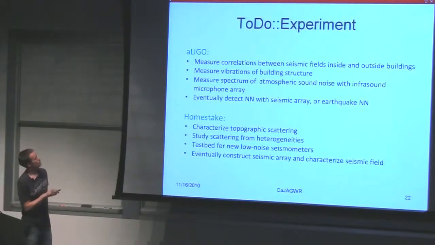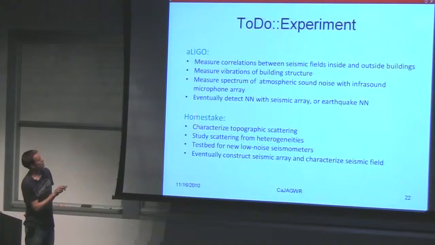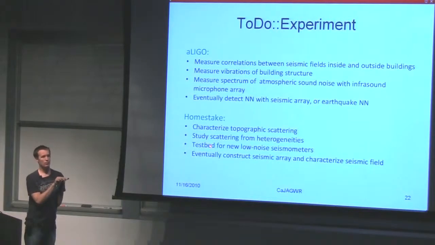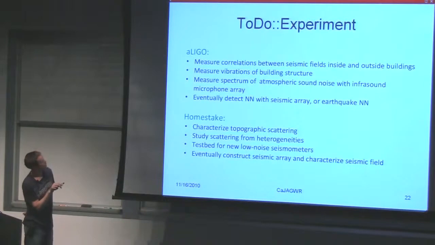And in terms of experiment, there's a list. I think we should really make use of the fact that advanced LIGO will be able to detect Newtonian noise. I don't necessarily say that Newtonian noise will limit advanced LIGO sensitivity, at least not in the first version, but it will definitely be able to detect the Newtonian noise because it's marginally touching the sensitivity curve.